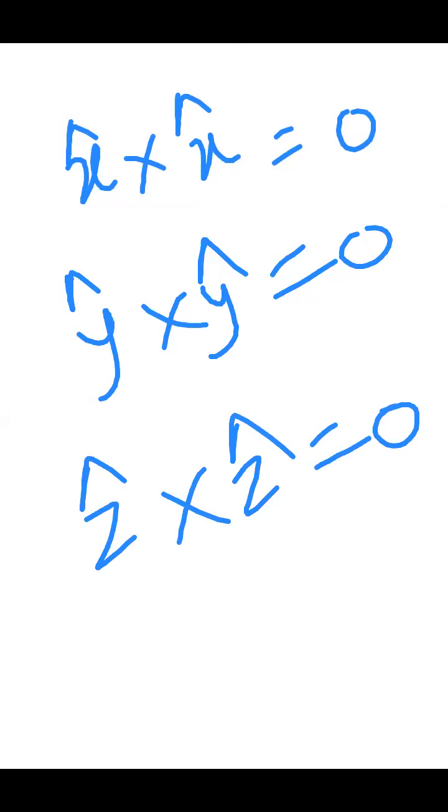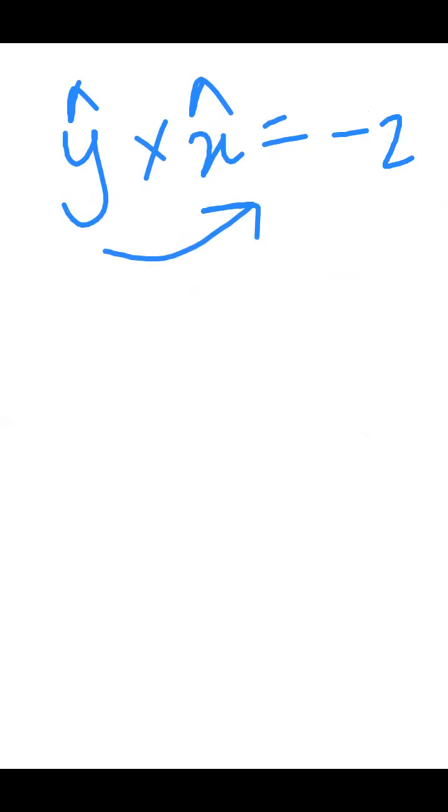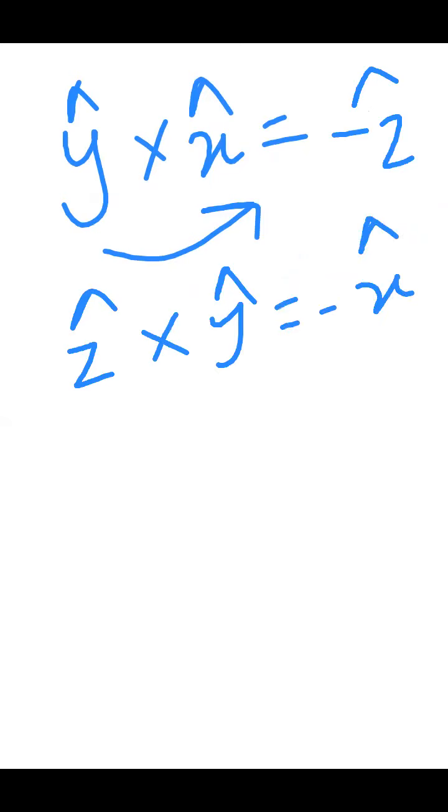And please somebody tell me, if I am taking y cap with x cap, what is the answer? Minus z cap. Yes, if you are rotating from y to x according to the right hand rule, it will go to minus z cap. Similarly, if you do it like this, it will go to minus x cap.